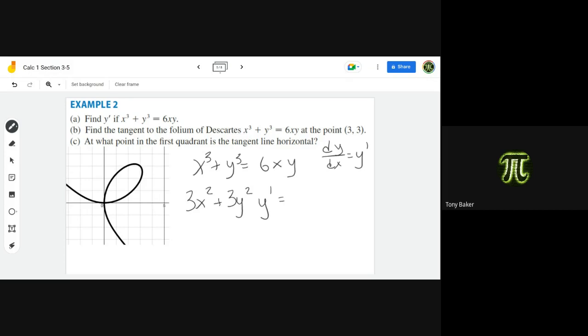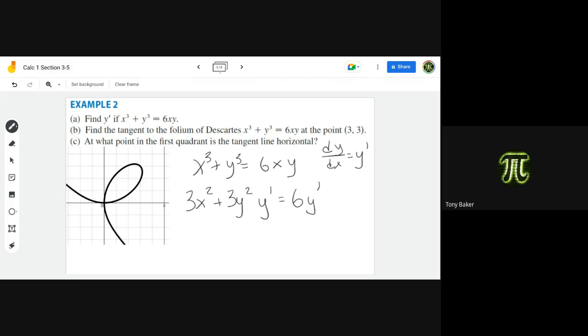What's the derivative of 6xy? Now, did I do it right? Is 6x or 6y prime the correct answer? What's 6xy?